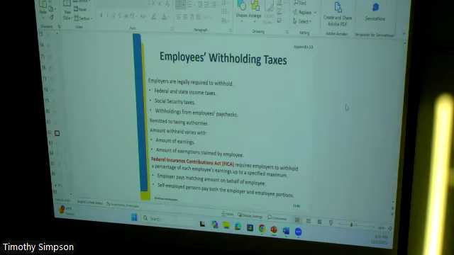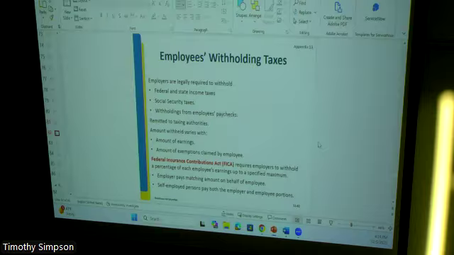But it is nonetheless an obligation on the part of the employer, and employers are responsible for collecting state income taxes, definitely Social Security. The FICA Act, which stands for Federal Insurance Contributions Act, is intended to collect tax payments to support Social Security as well as Medicare. It's a joint tax split evenly between employer and employee. 6.2% is for Social Security by the employee, and another 6.2% by the employer.